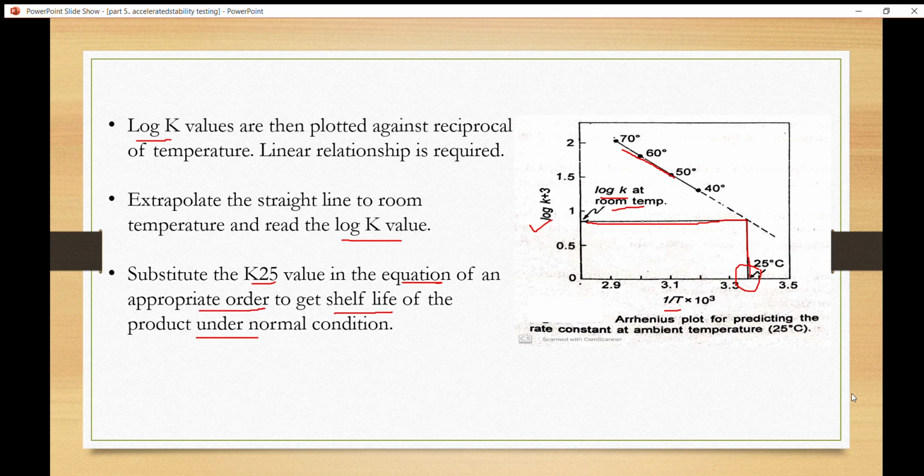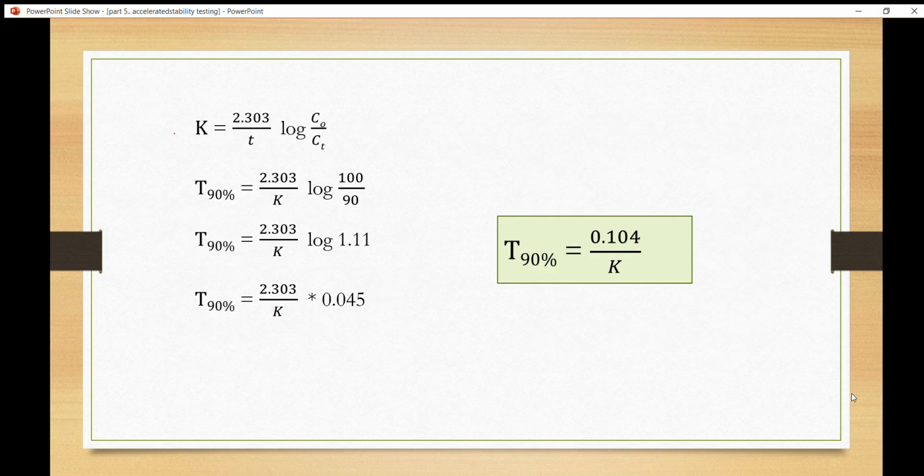Here if we want to determine the shelf life at refrigerator temperature, then we can use the K value at refrigerator temperature. This is the rate equation for first order chemical kinetics, and by using this rate equation we can determine the shelf life of a pharmaceutical product.